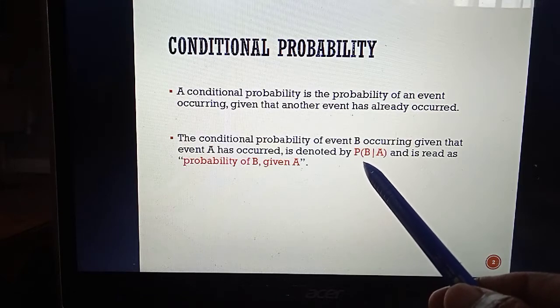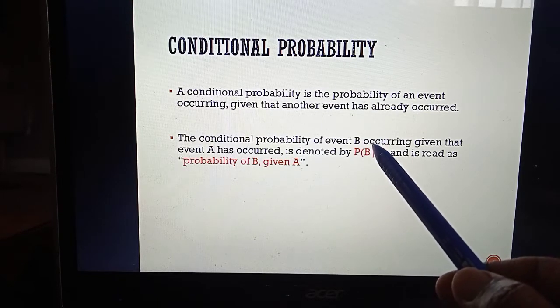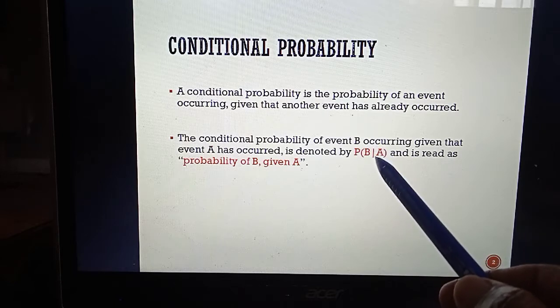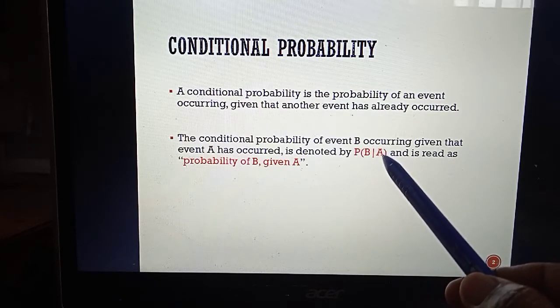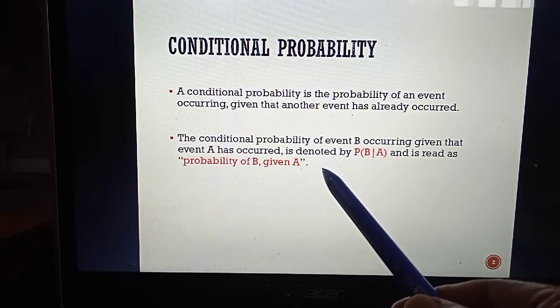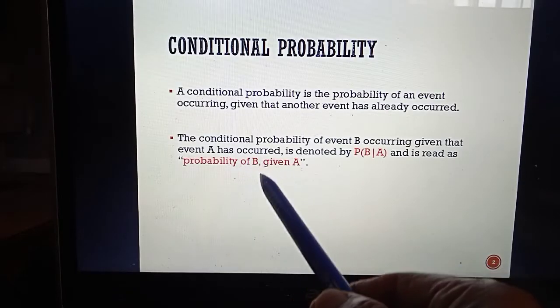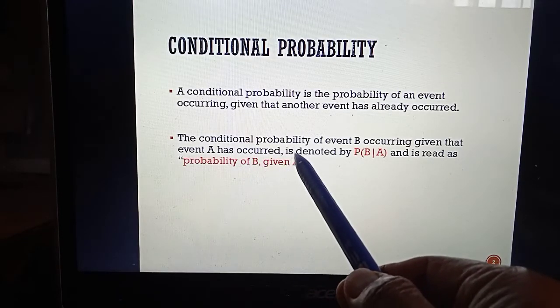We say probability of event B occurring given event A has already occurred, or in short, we read it as probability of B given A.